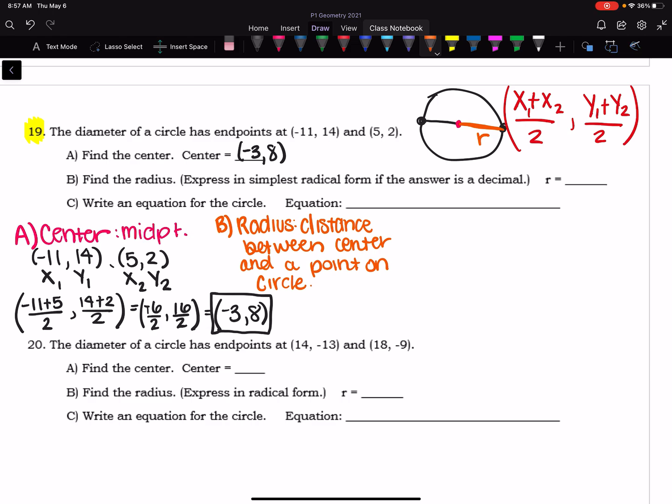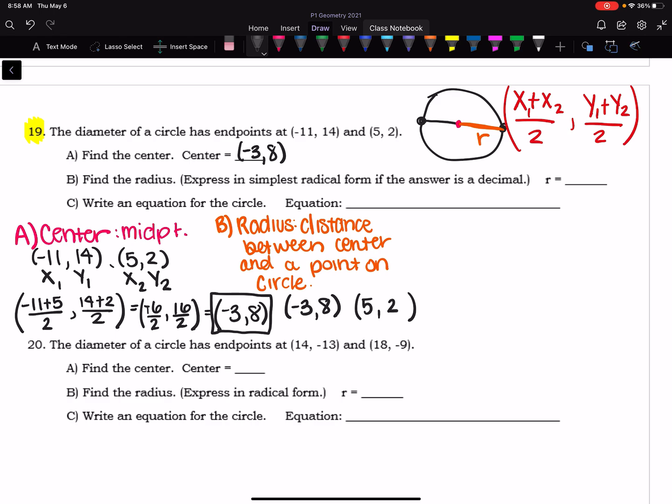So the thing to keep in mind with finding the length of the radius is that we want to make sure that one of the points is the center. So we only want the distance from the center to a point on the circle. So one of them has to be (-3, 8). And you can choose between (-11, 14) or (5, 2).